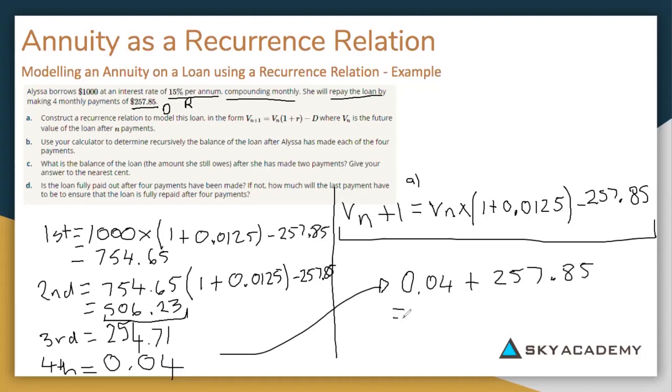So that's how much her last repayment would have to be. And if you add them together, 257.85 plus 0.04, it gets 257.89.